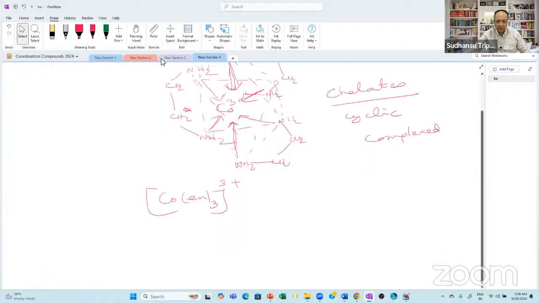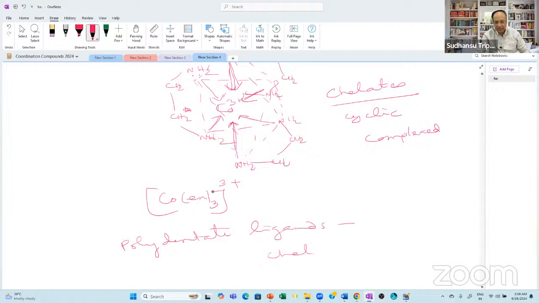So these complexes are called chelates. Therefore, the polydentate ligands are generally called chelating ligands, because they form chelates.